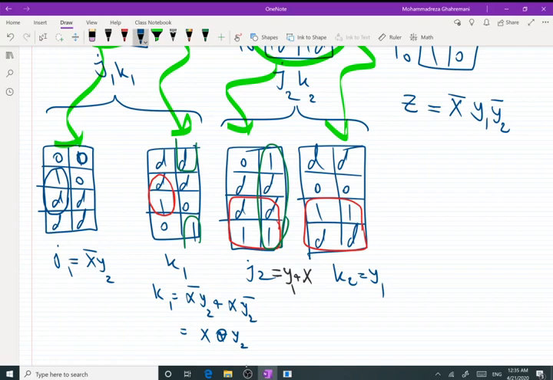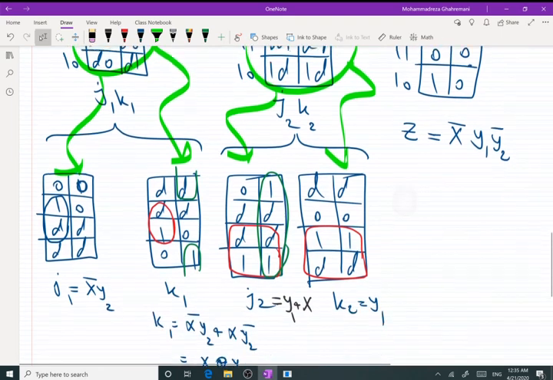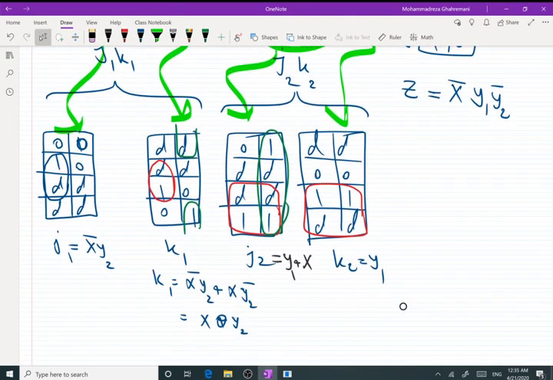Okay, now that we have all these equations and the output equation, like the last example, we can easily draw the circuit. Okay, in the next lecture I will do another example.